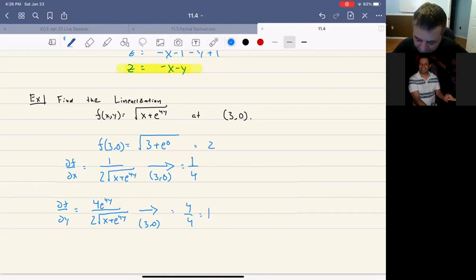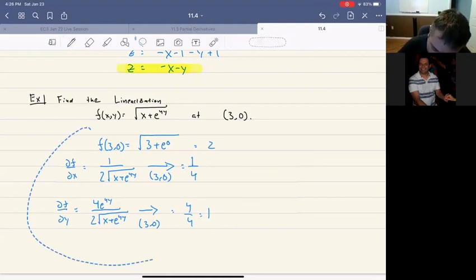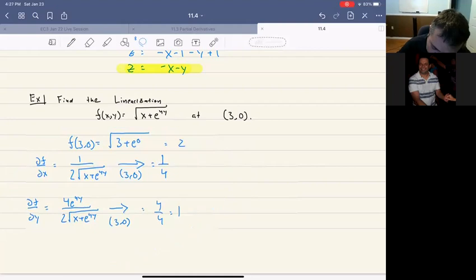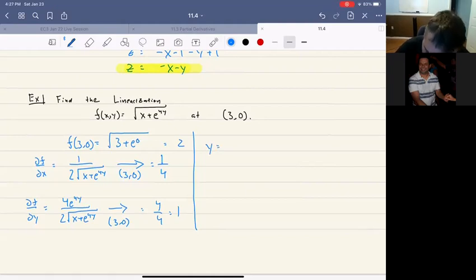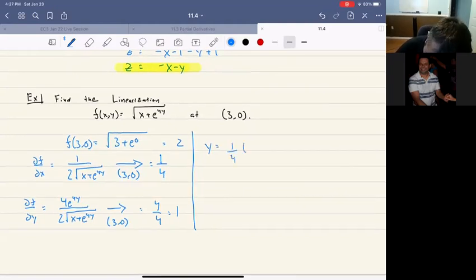Okay, so now our linearization is going to be y equals 1/4 (x minus 3) plus (y minus 0) plus 2.